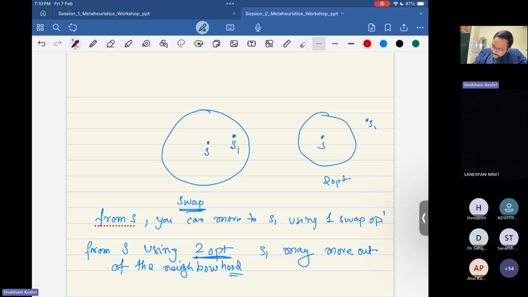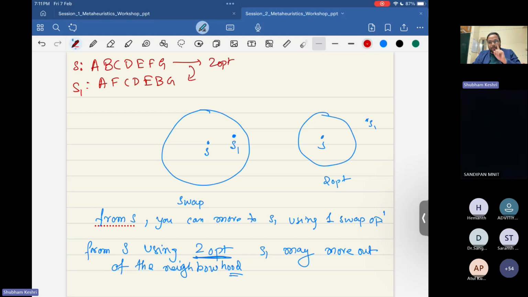So for example, my earlier solution was A, B, C, D, E, F, G, right? This is S. And this swap operator gives me a neighbor of A, F, C, D, E, B, G, right? Now you have to perform 2-opt to move to this solution.